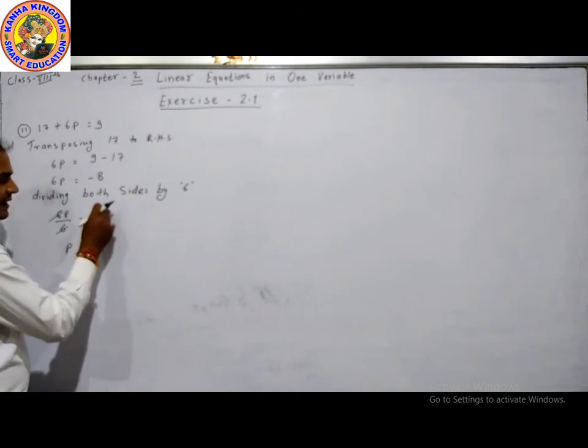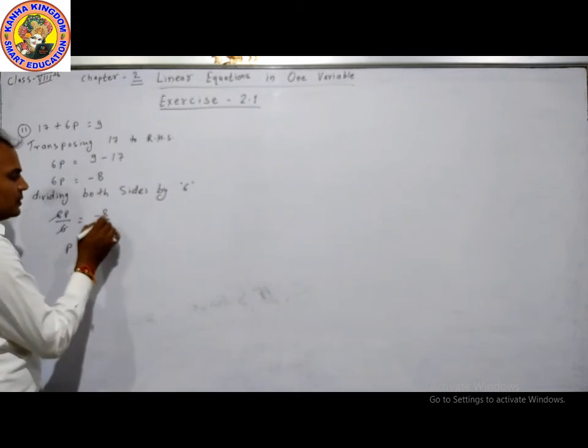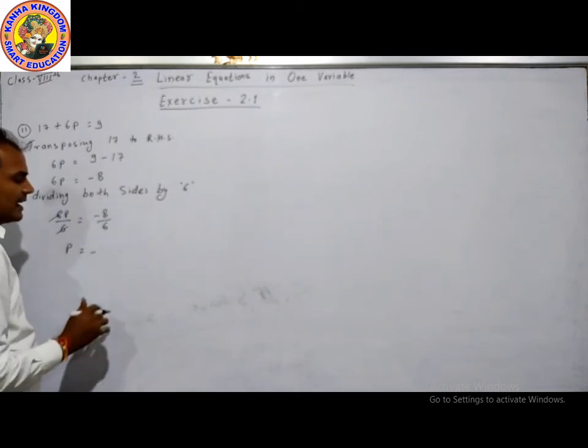The common factor is 2, so we have to cut this value by 2.